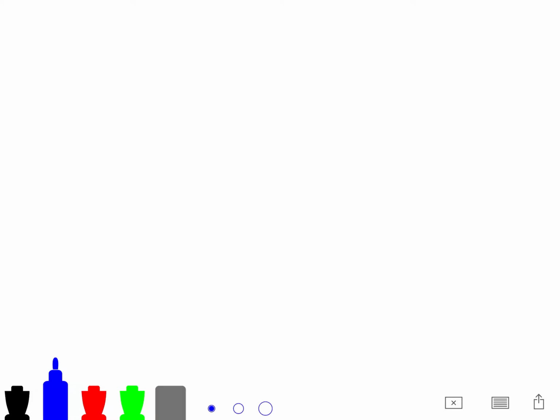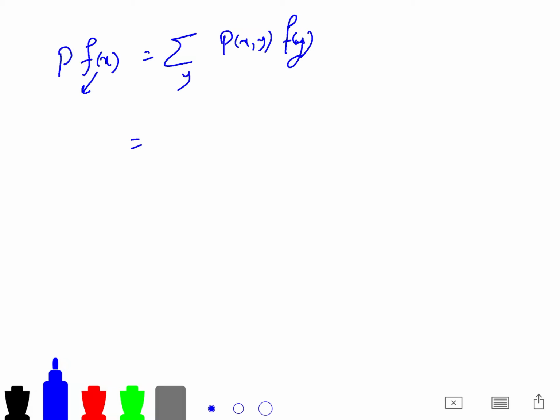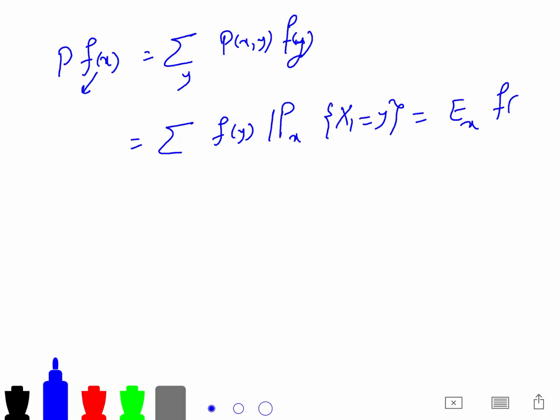So we multiply a column vector f by P from the left. Think of this as a function on the state space, and the x entry of the resulting vector, Pf(x), means just the sum over y of P_xy f(y). You can write this as the sum of f(y) times the probability that X_1 equals y, and this is the expectation of f(X_1).